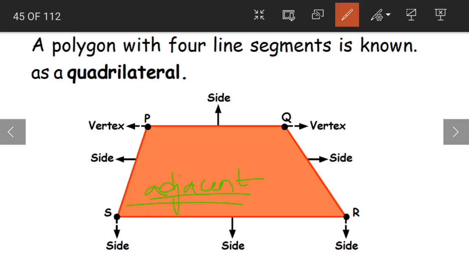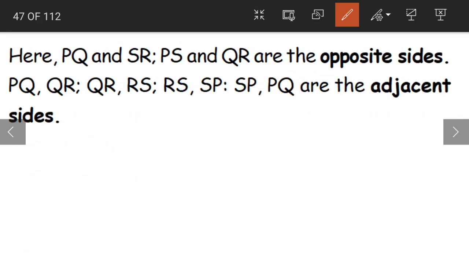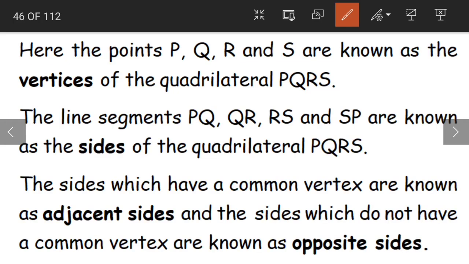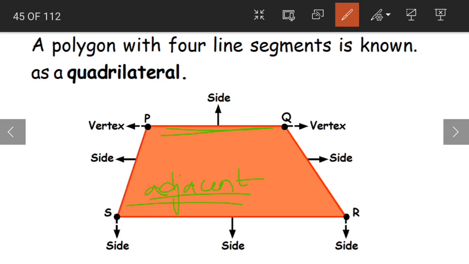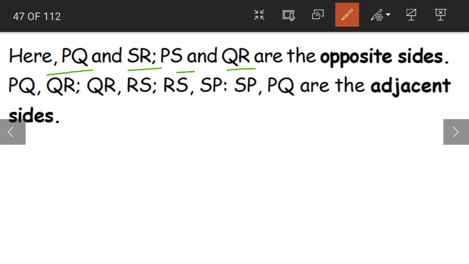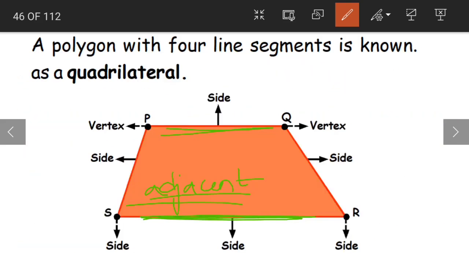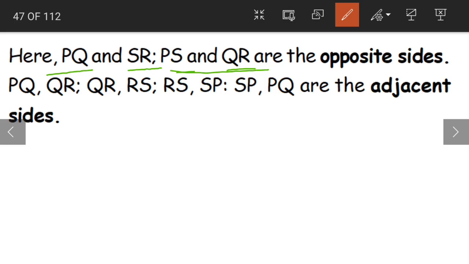Now here PQ and SR, and then PS and QR. What are these? These are the pairs of opposite sides, isn't it? PQ and SR, PS and QR are the pairs of opposite sides.